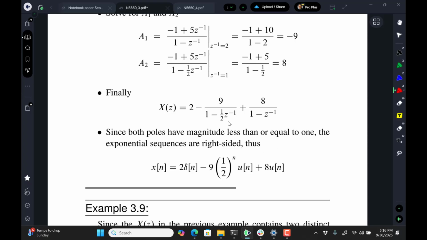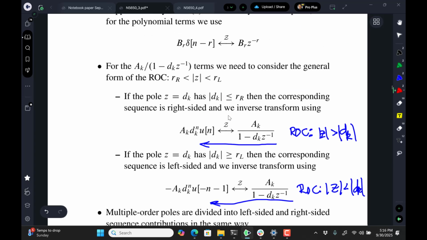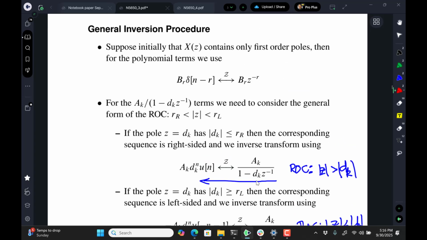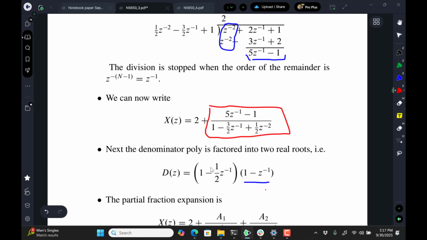So now we can use our formulas up here for the right-sided. It'll be this. To take our partial fraction expansion terms and take them back to time domain sequences, coefficient A_k times the pole raised to the nth power times u of n, and do that twice.